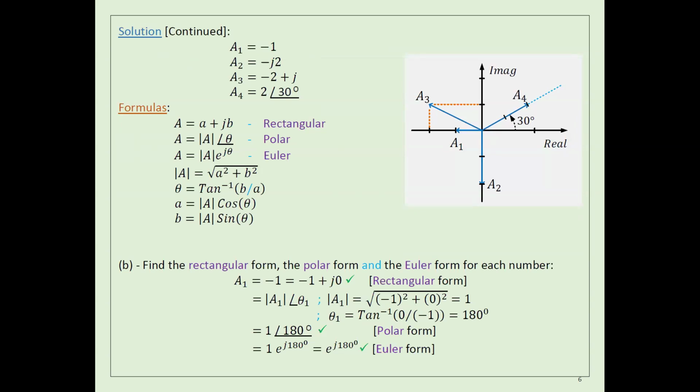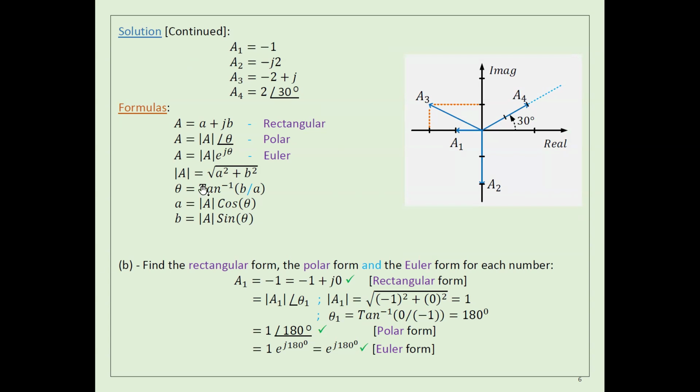The magnitude is the square root of the real part squared plus the imaginary part squared. So this should be positive 1, because this is the length, so it always has to be positive, even if this one is negative.